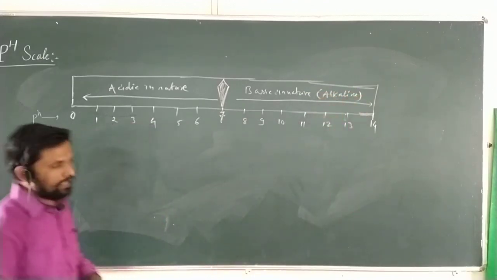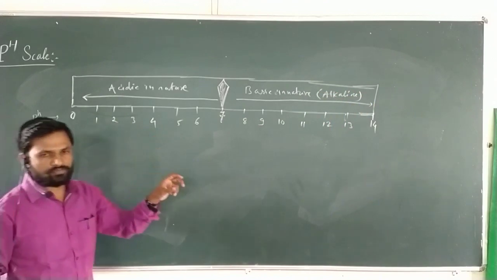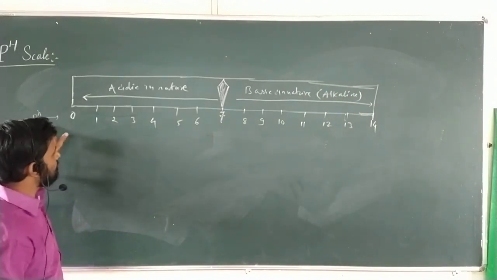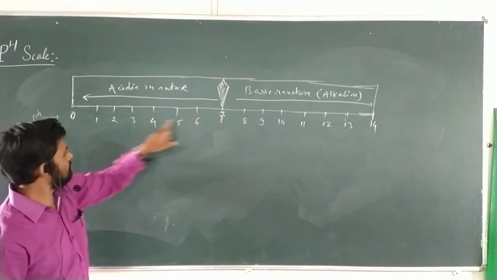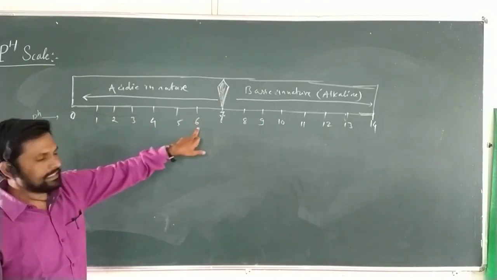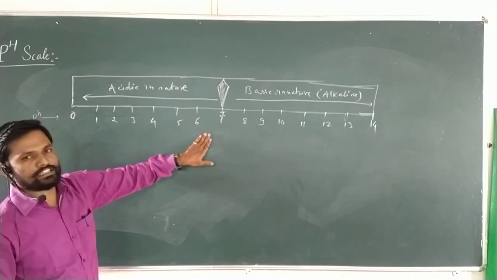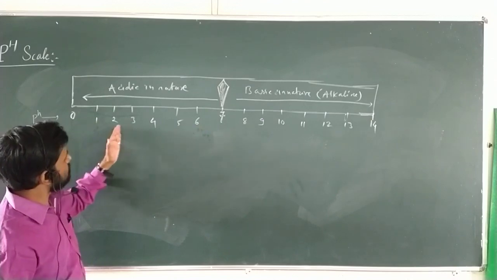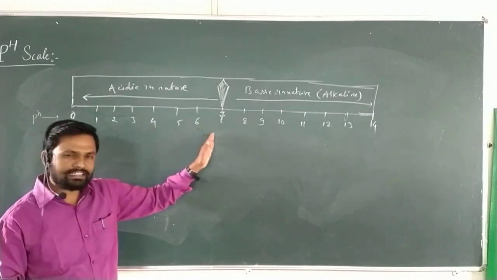Now see, once you find whether a given solution is acidic or basic: if the pH value is 1, we can say it is acidic in nature. If the pH value is 6, it is definitely acidic, but compared to 1, 2, 3, 4, 5, it is less acidic.